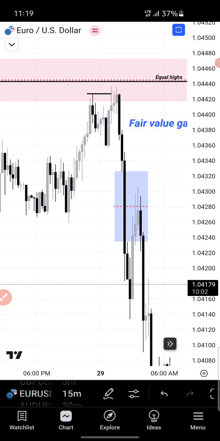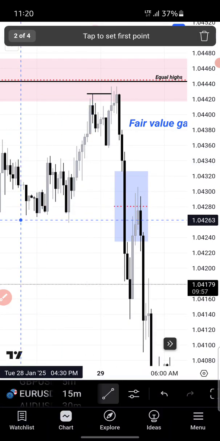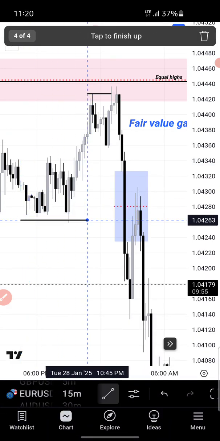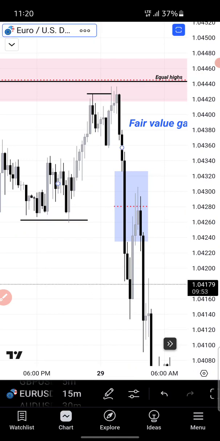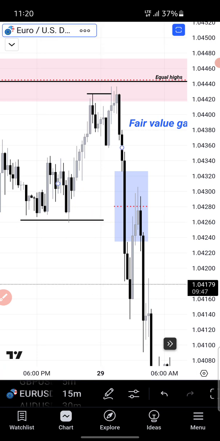Now, if you watch carefully also, these equal lows right here, all this sell side liquidity right here, were also taken by this drop. So according to ICT, we have a shift in market structure right here.